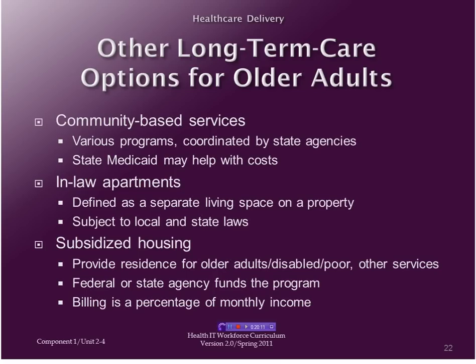Then subsidized housing: you might live independently, but because of retirement, your Social Security isn't enough to cover rent. If you think about what you all might be paying in rent here in Missoula, an elderly person may not be able to afford it, so there are subsidized housing programs. And again, it's considered part of long-term care because it's the remainder of their life, forever.